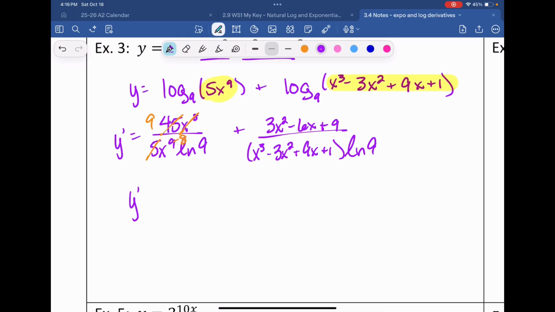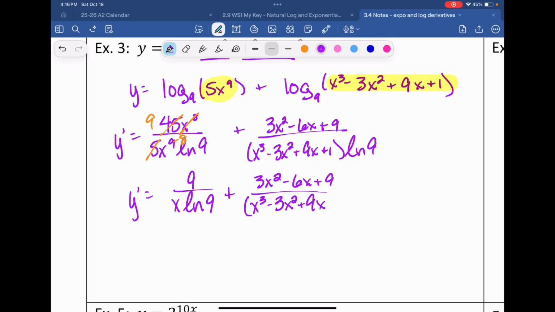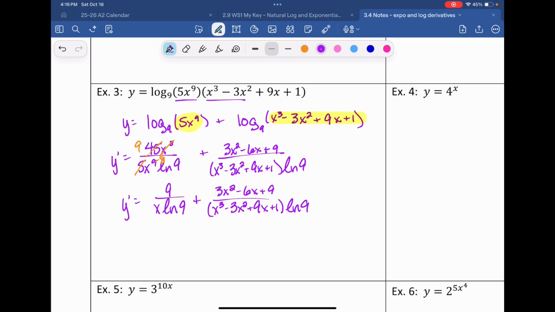So y prime is 9 over x ln of 9 plus that monstrosity. I'm not going to read it, I'm just going to write it. Times the ln of 9. And like I said, I'm not going to ask you to simplify that any further than this. This is as far as we need to go.